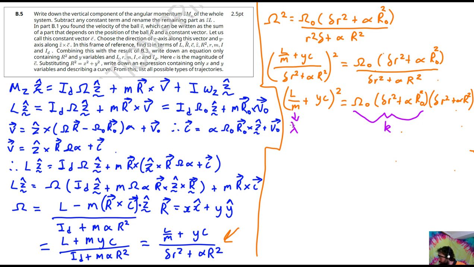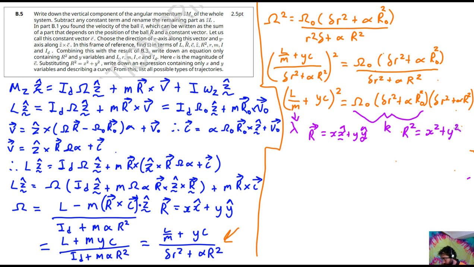And then I also just want to note that since R is X hat plus Y hat, then R squared is just the dot product of R with itself, so that's just X squared plus Y squared.